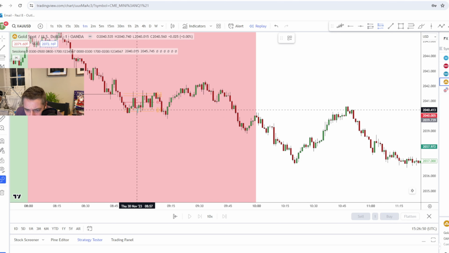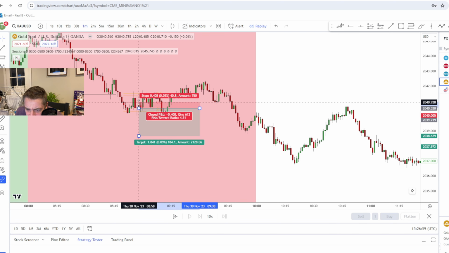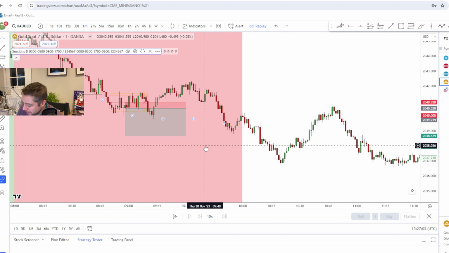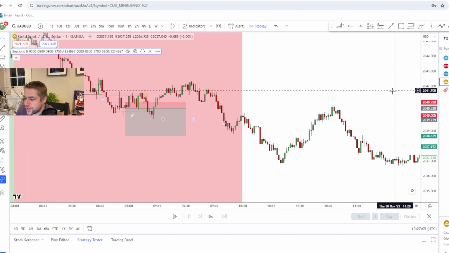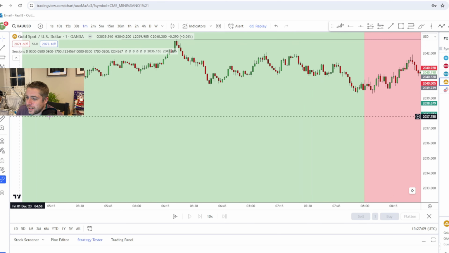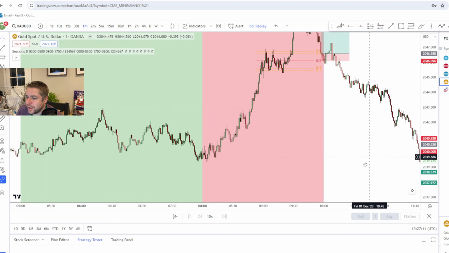Yeah, and I think this one will be a loss because we would trade down there, then we would be coming in here. So that one there would be a loss. So we would be plus 15%. Let's keep going. Plus 15.